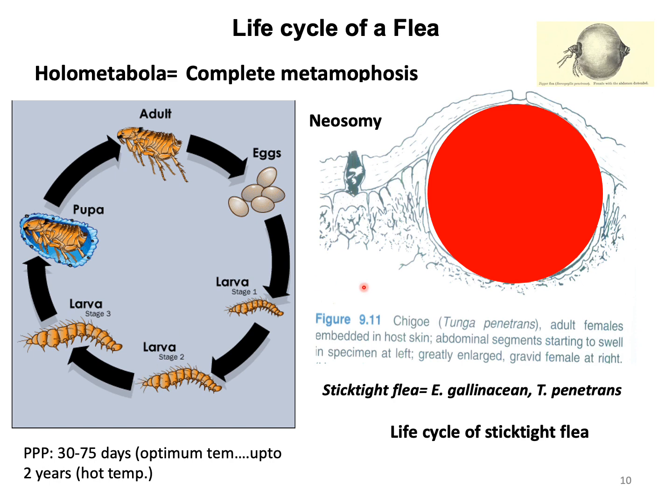Now the question is, what about the life cycle of stick-tight fleas, for example Echidnophaga gallinacea or Tunga penetrans? We know that these fleas burrow into the skin of the host and remain there throughout their life.